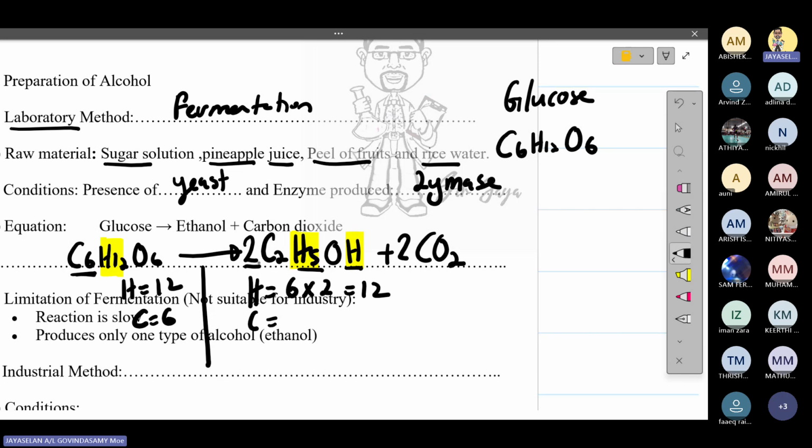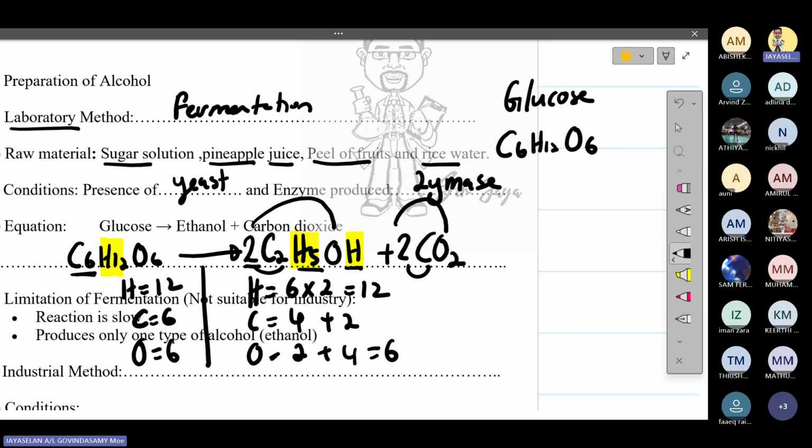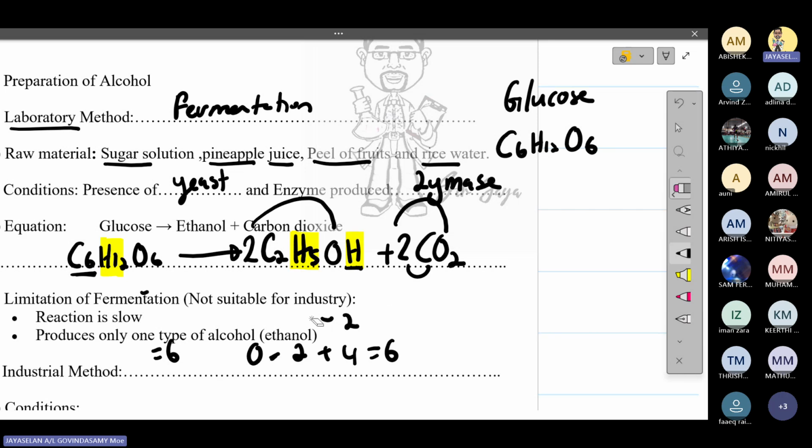Here carbon berapa? 4, tambah 2, already 6. Oxygen balance itself. 6, oxygen di sini 2, tambah sini 4, total 6. Any question?